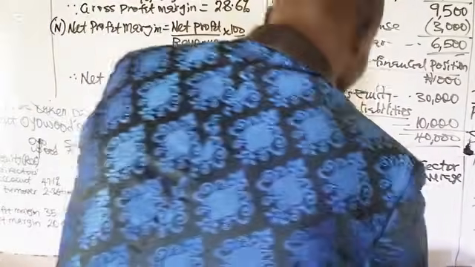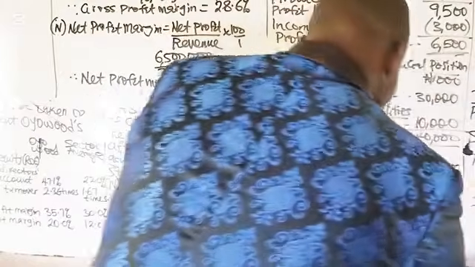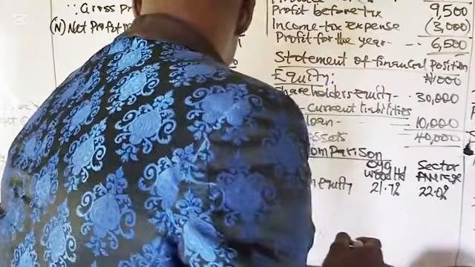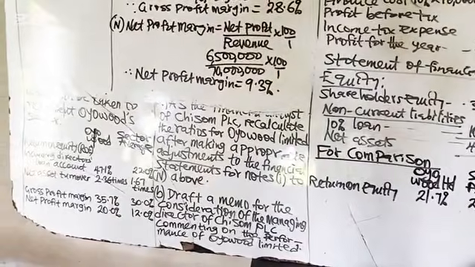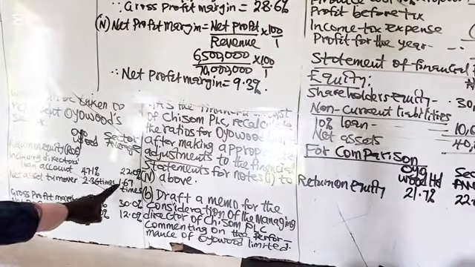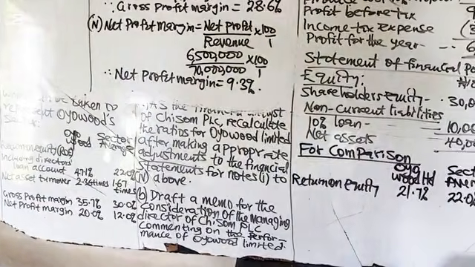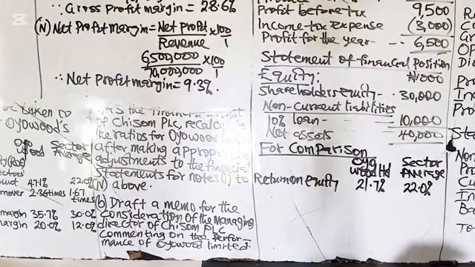From our calculation, we got 21.7%, and the sector average given in the question is 22.0%. The information we have here is the sector averages, and I'll be writing it under the sector average.